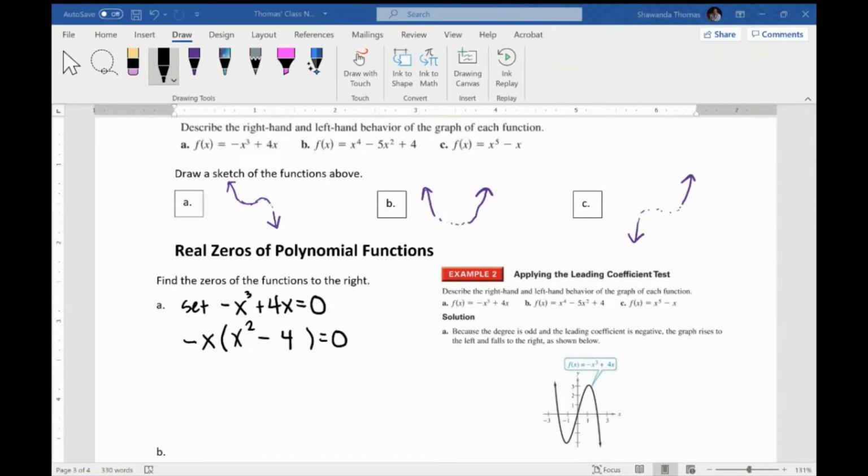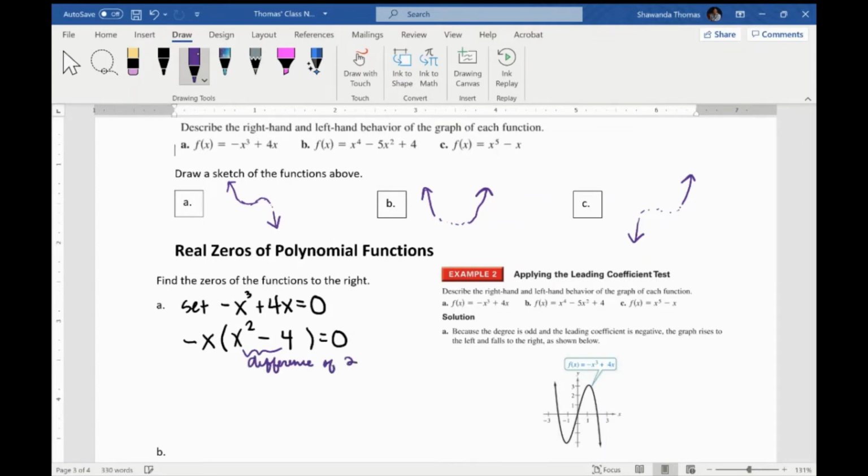Very good. That's one way. What do you think I will probably make you do? It's the same, but I would rather you do what? What's one of our favorite words in algebra? We got to do it again. We just did it. We got to do it again. Factor. Because this is a difference of two squares.